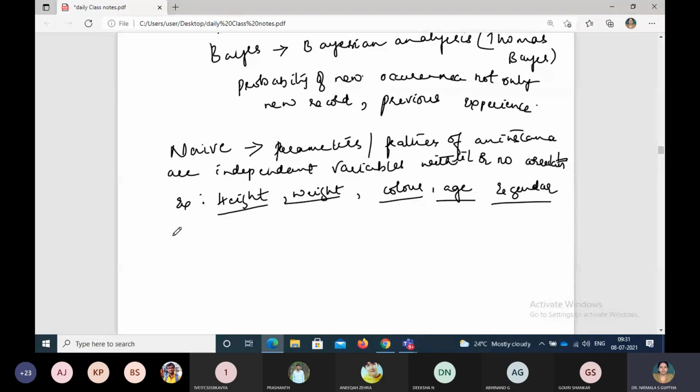So the naive-Bayes algorithm is very easy to understand. It works very fast.